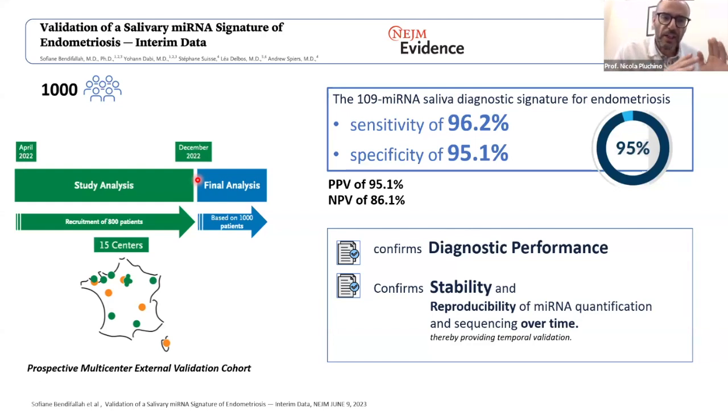You see that in this interim data analysis of an external cohort, the sensitivity and specificity of this 109 saliva signature remain very high, 96% sensitivity and 95% specificity, supporting that this test is still highly performant in the diagnosis of endometriosis, and also confirming the stability and reproducibility of this investigation, because samples have been provided by at least 15 endometriosis centers in France.